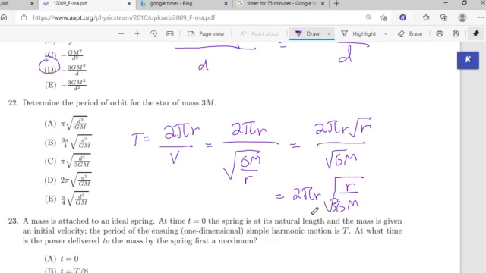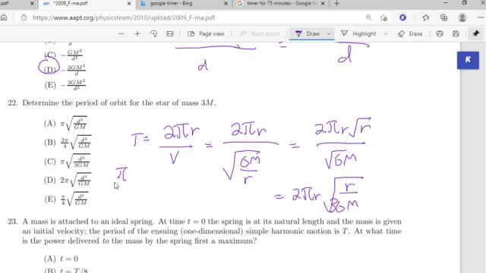So for r, we can plug in d over 4, and if we do that, we get pi over 2 d times root d over 12GM. Nice. Okay, and then we can move this in to get d cubed.